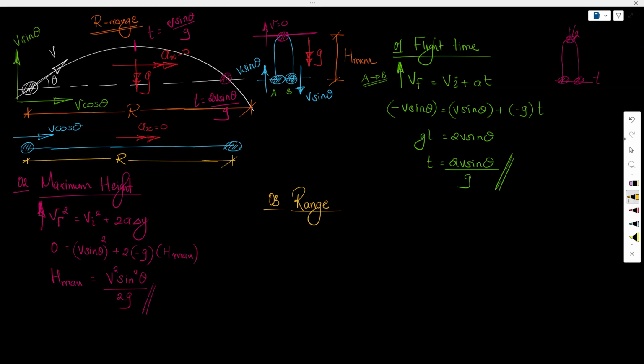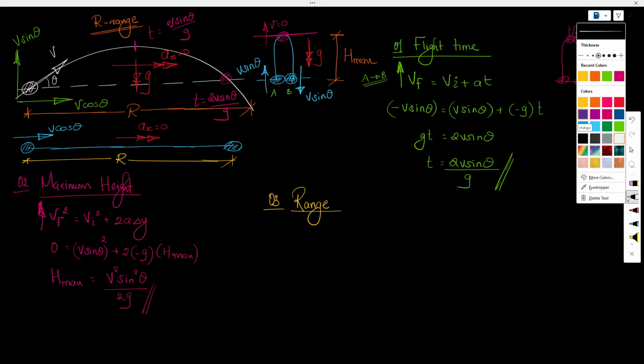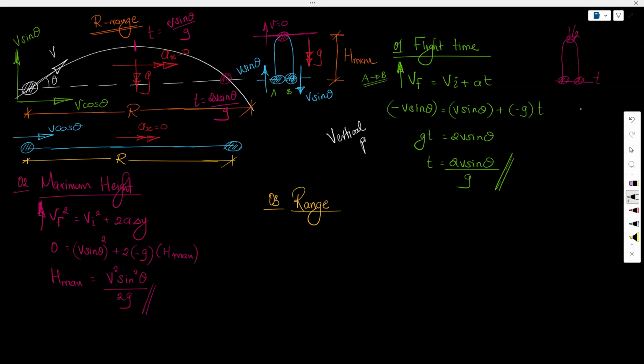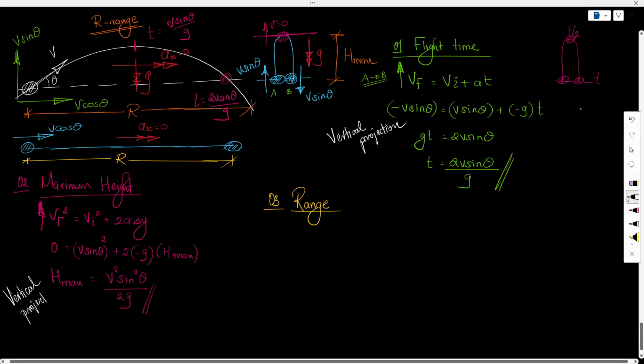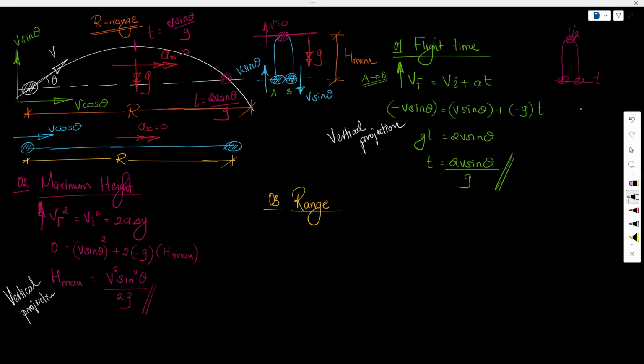For the flight time and the maximum height we used the vertical projection, but for the next one we are going to use the horizontal projection.